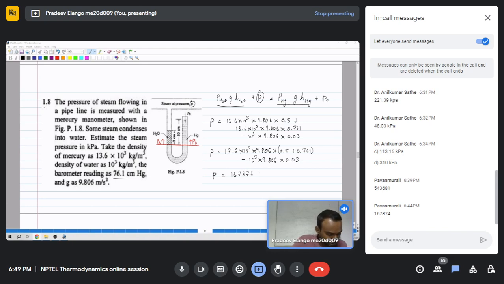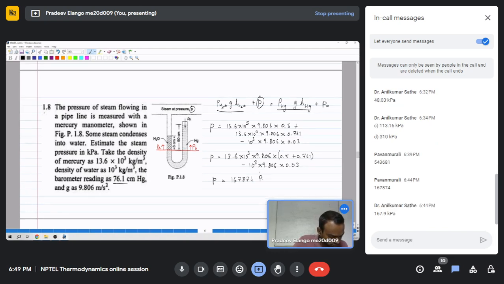It is good practice to always write the values with units. The answer is 167.9 kilopascal.